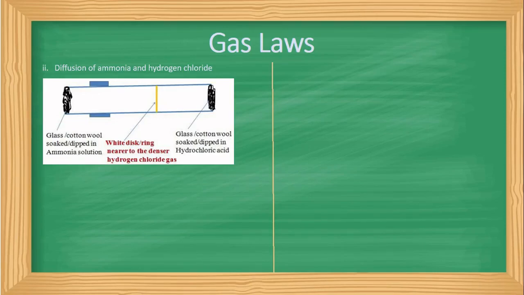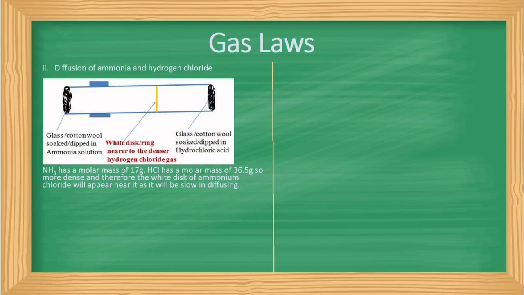So you'll find that there will be formation of a white disc or a ring, which is nearer to hydrogen chloride gas or nearer to the hydrochloric acid as compared to the distance to the ammonia solutions.